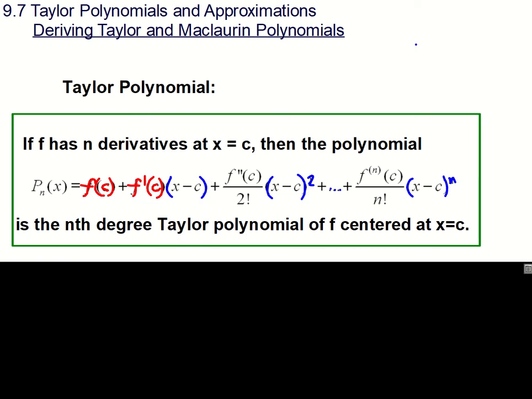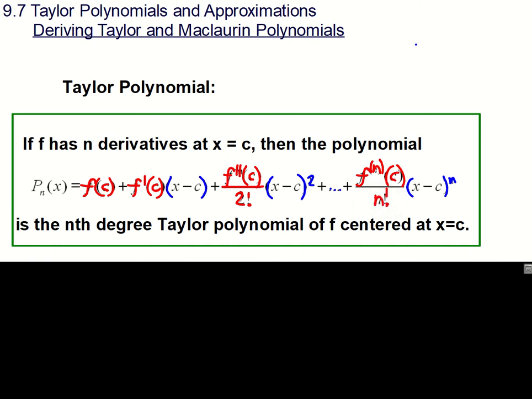But if we continue to take terms, we'll take the second derivative of f evaluated at c divided by 2 factorial. That's our coefficient of x minus c quantity squared. And then it's going to build all the way up to the nth derivative, that's the n in parentheses here, the nth derivative of f evaluated at c divided by n factorial.